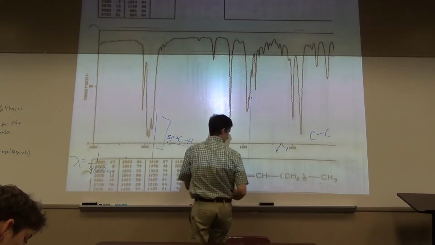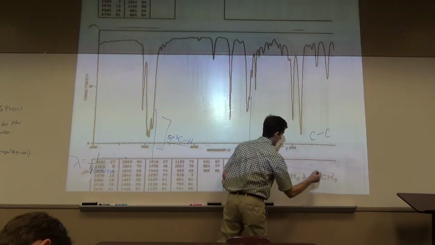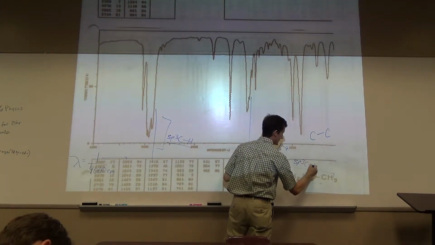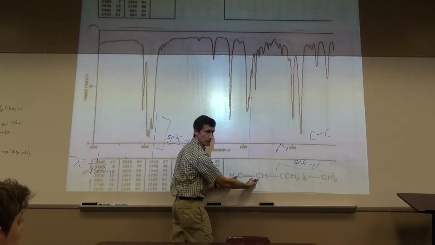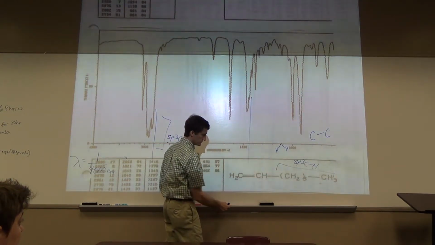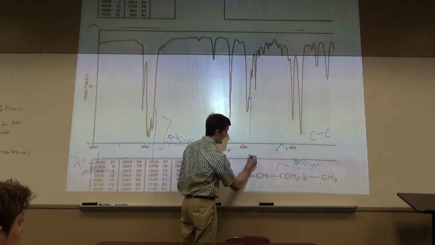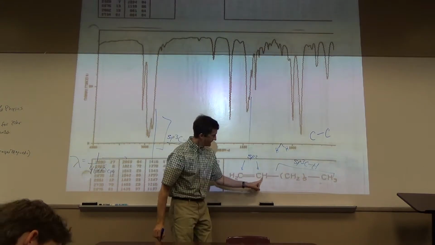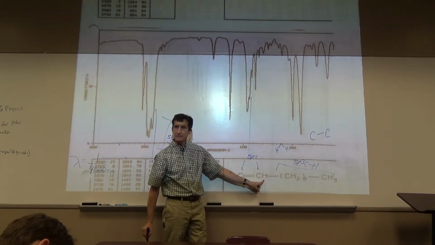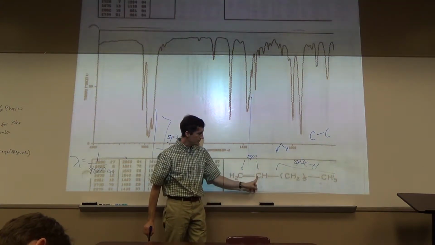So while these are all sp3 C-H, all sp3 carbons, these carbons are what hybridization? These are both sp2. Now again, you see how they have this H sitting here? That H is not bonded to this carbon and that carbon.